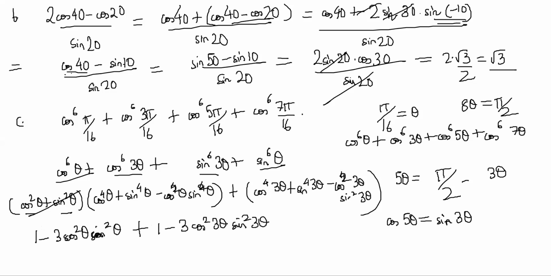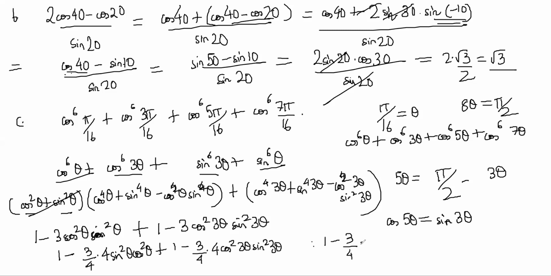That is 1 minus 3 by 4 into 4 sin square theta cos square theta plus 1 minus 3 by 4 into 4 cos square 3 theta sin square 3 theta. So this is 1 minus 3 by 4 sin square 2 theta plus 1 minus 3 by 4 sin square 6 theta.